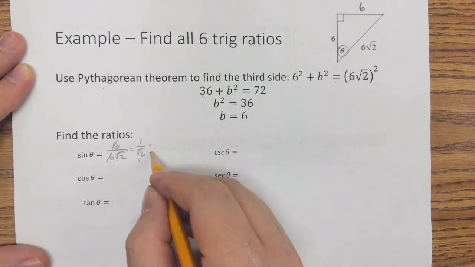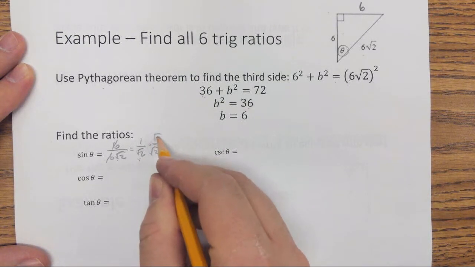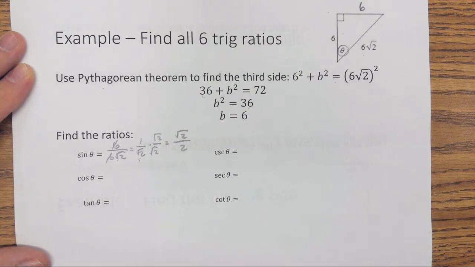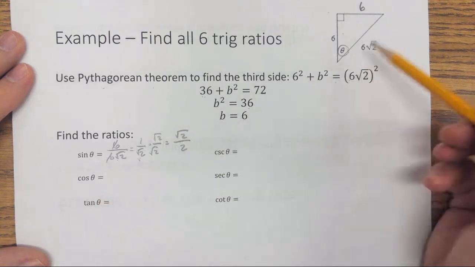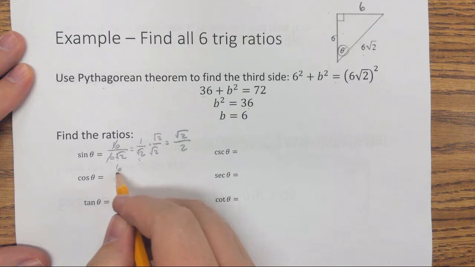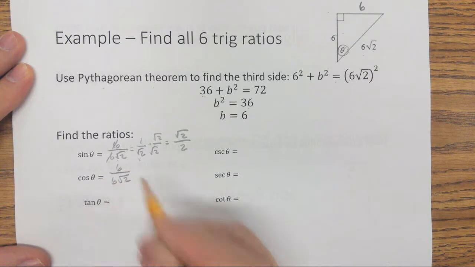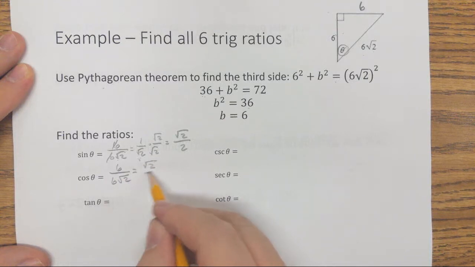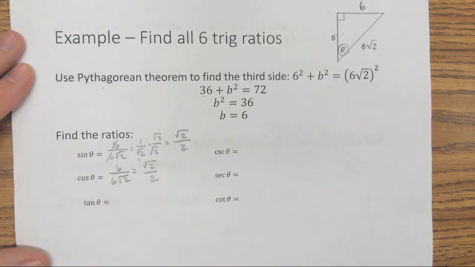So we multiply by square root of 2, which gives us the square root of 2 over 2. Easy peasy. Cosine, adjacent over hypotenuse. 6 over 6 square root of 2. Guess what that is? The same as this one. Square root of 2 over 2. That's it.